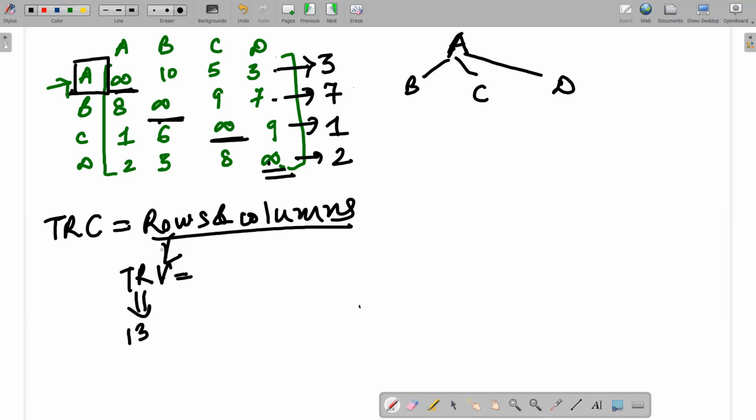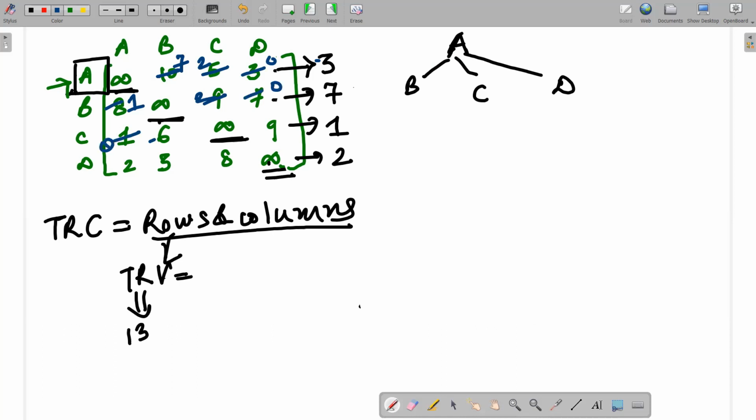Right? So we will reduce the row minimum from all the values. After that, we will calculate the column reduction value. So 3 is reduced from 10, the answer comes out to be 7. Then 3 is reduced from 5, the answer comes out to be 2. 3 is reduced from 3, the answer comes out to be 0. 7 is reduced from 8, the answer comes out to be 1, 2, and 0.